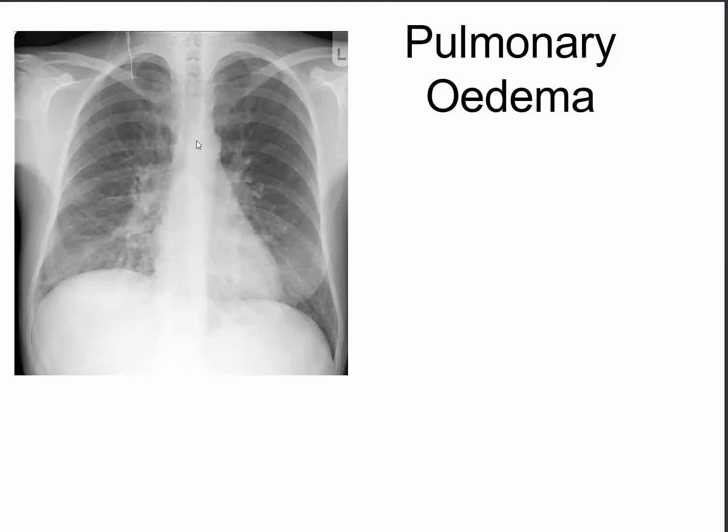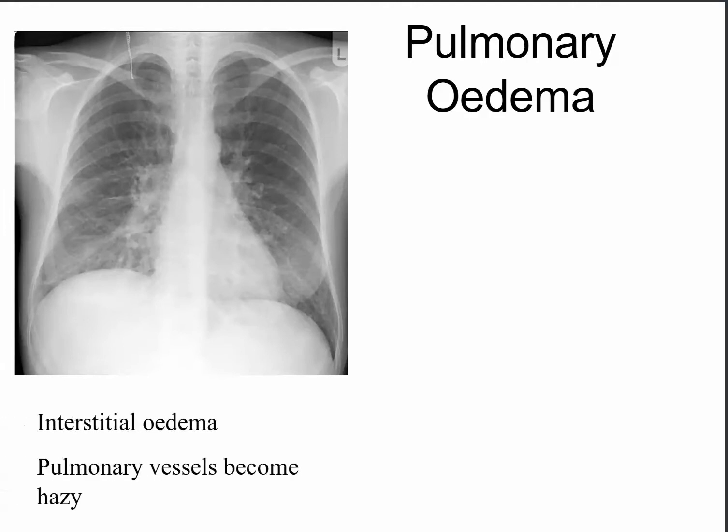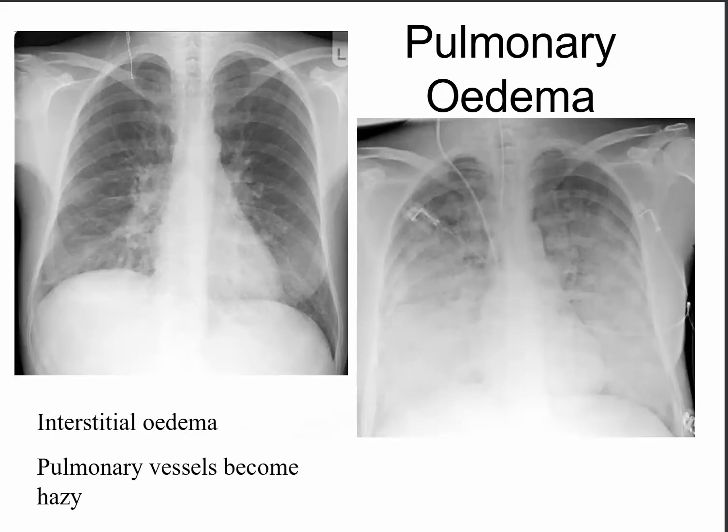This is early pulmonary edema, where you have interstitial thickening, so that's edema of the pulmonary interstitium, and the vessels become a bit hazy. If untreated, this becomes much more severe, where you get alveolar edema, and you get pleural effusions as well.